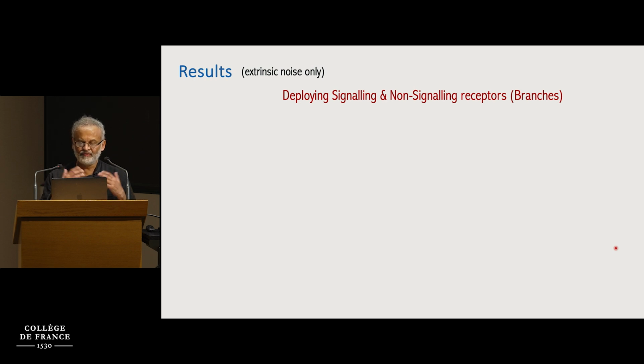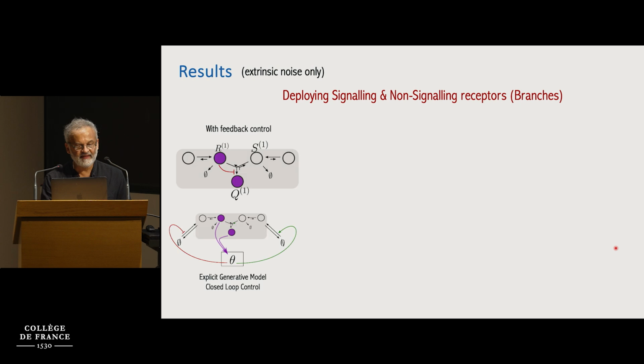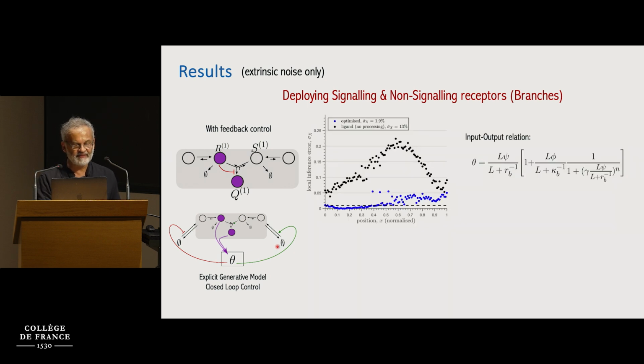We now have two different receptor types, a signaling receptor and a non-signaling receptor, together with the interbranch feedbacks that I showed in the red arrows. Here, this is the open loop control, and this is the closed loop control of the same kind of architecture. What we find is that there is now a tremendous reduction in the inference error, going almost close to the black dashed line, which is the desired 1% accuracy.